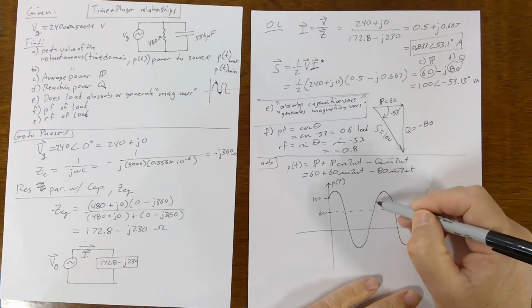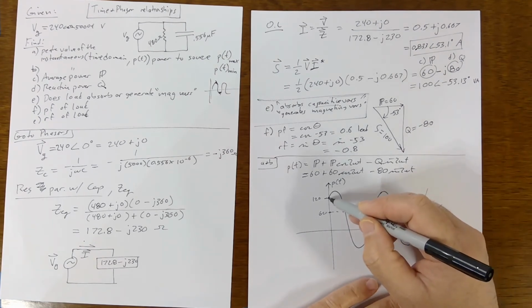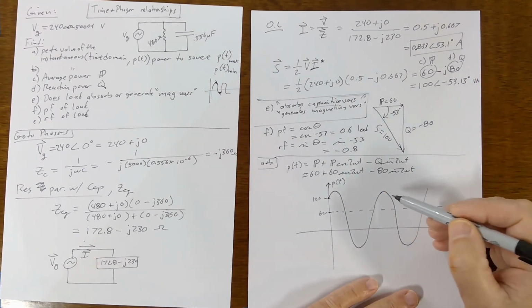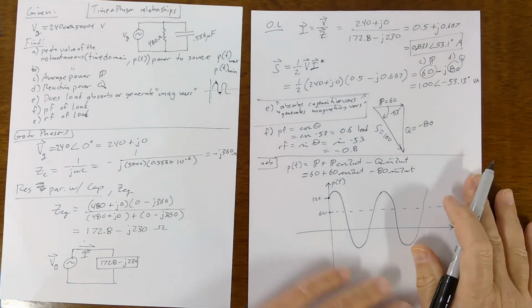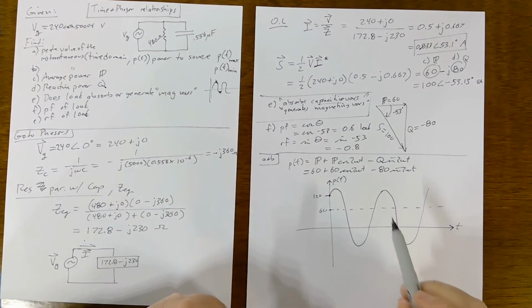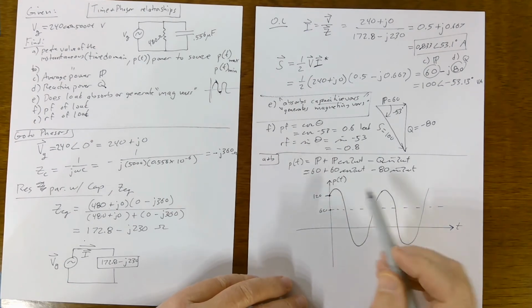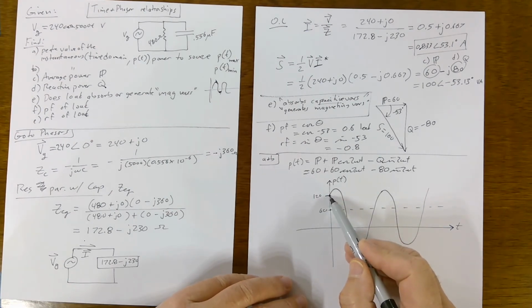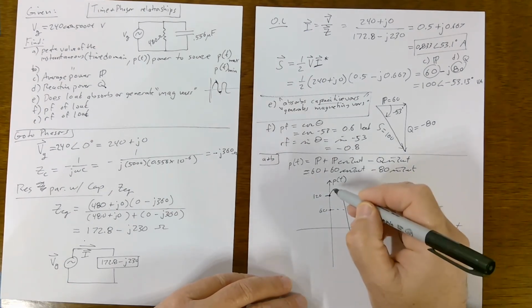There's a couple other points that you can figure out, but it gets really confusing. The reason I figured that point out is because I don't want you to think that that's the peak. It isn't the peak.